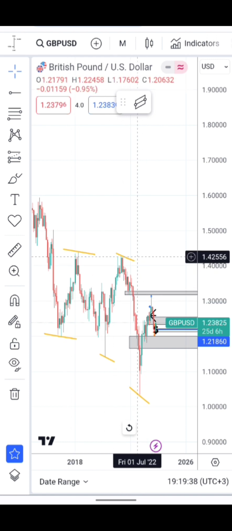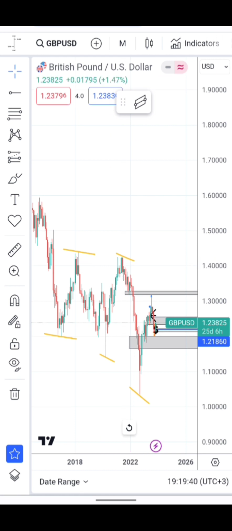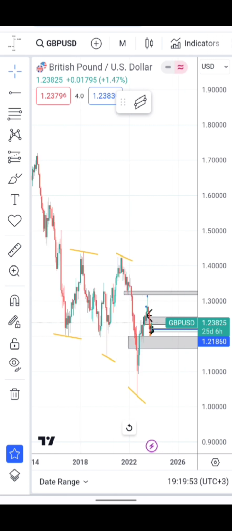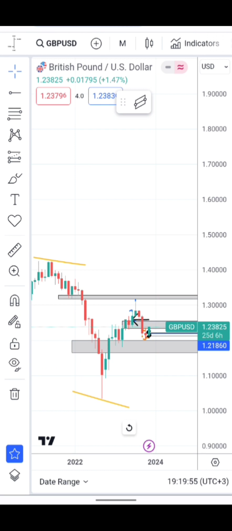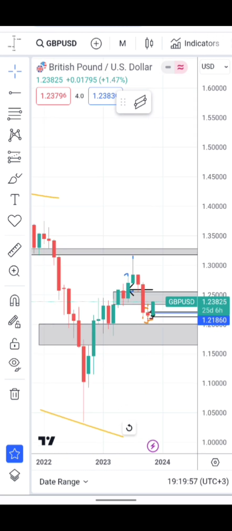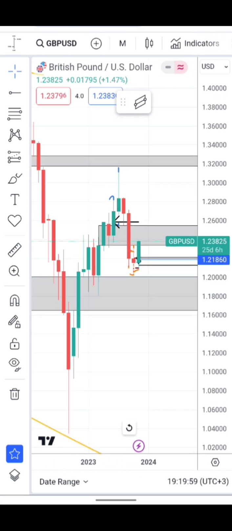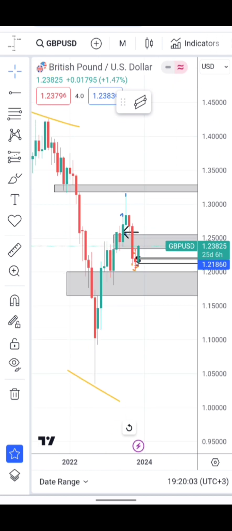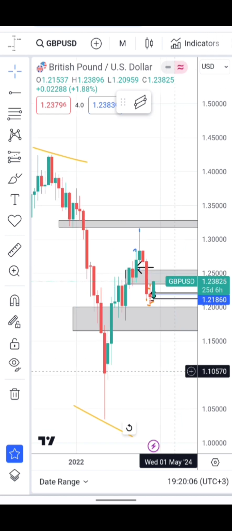Personally, looking at market structure, I consider GBPUSD to be in a downtrend on the monthly time frame. If you zoom out, structurally it looks bearish. So zooming in, some of the few things to look at closely, with reference to the two structural points.